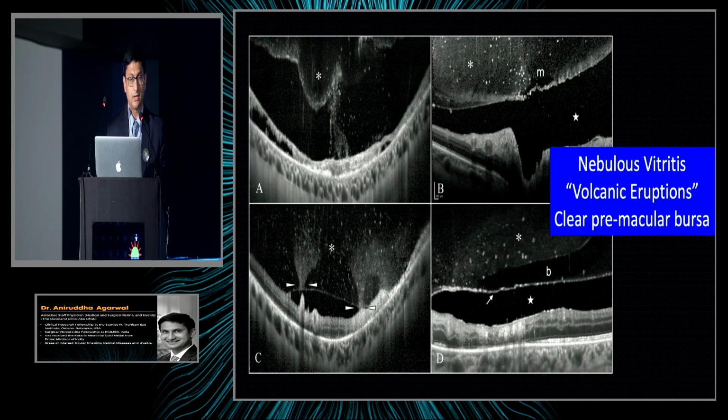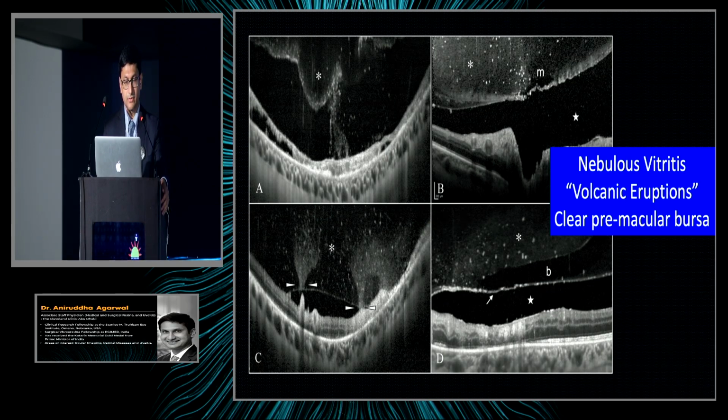And I'd like to acknowledge my friend Alessandro Invernizzi, who's shared these images with me. You can see the vitritis is almost like a nebulous vitritis, and you could have what are called these volcanic eruptions. These volcanic eruptions in the retina could indicate either a CMV or even a toxo, but this is quite characteristic in these two conditions.